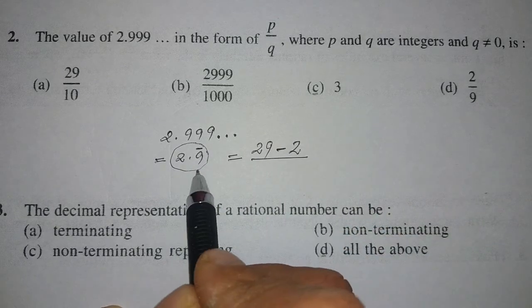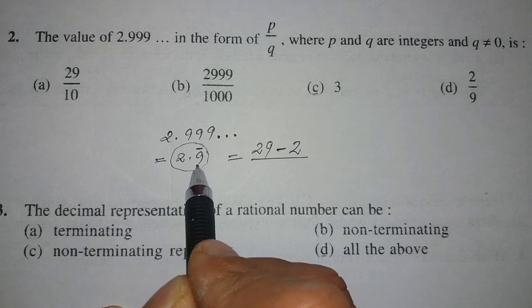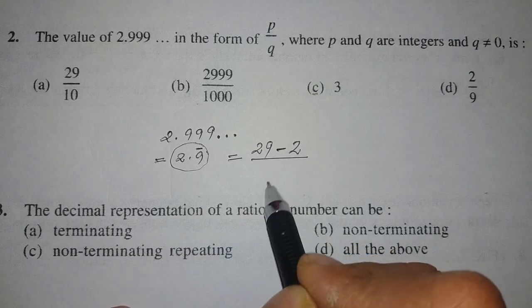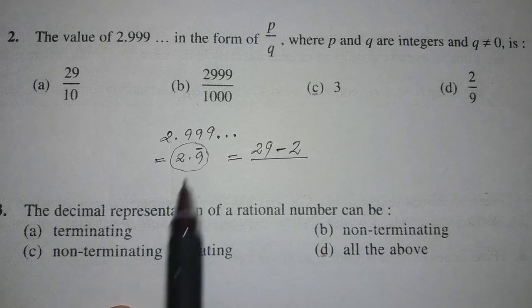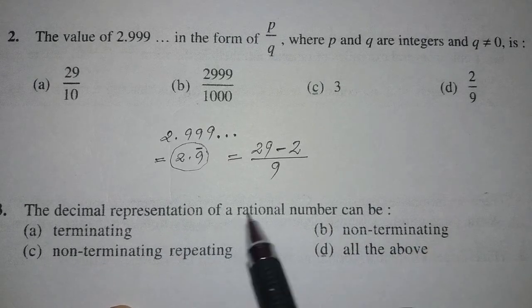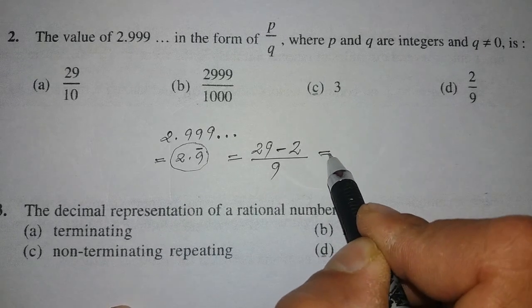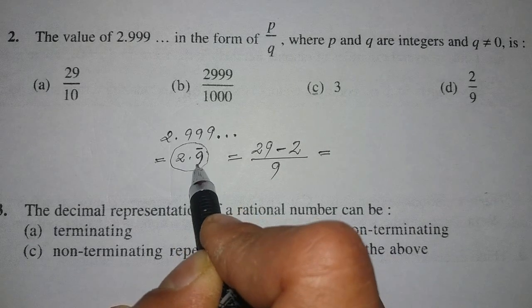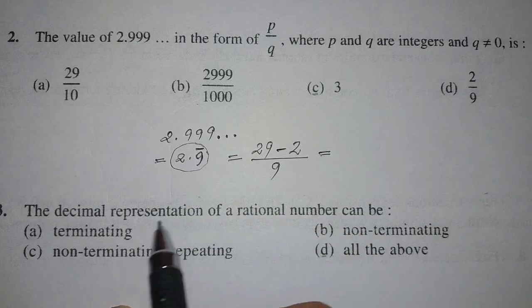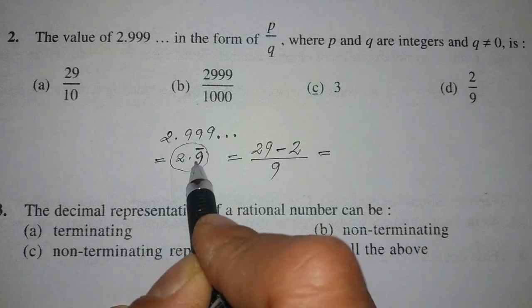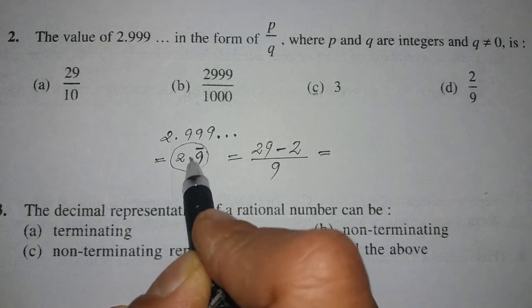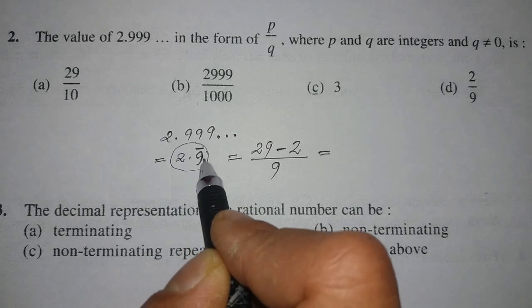Then, how many digits are under the bar? If there are 2 digits, you write two 9s. If there are 3 digits, you write three 9s. If there is only 1 digit, you write only one 9. Since only 1 digit is repeating here, we write only one 9, irrespective of the digit here.